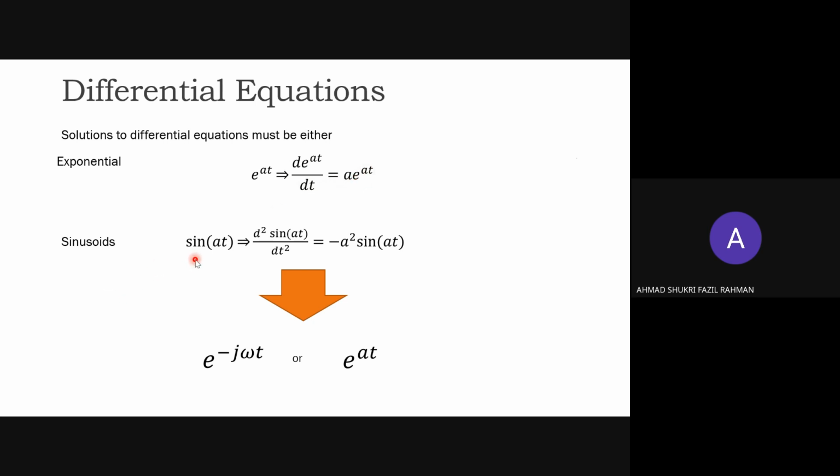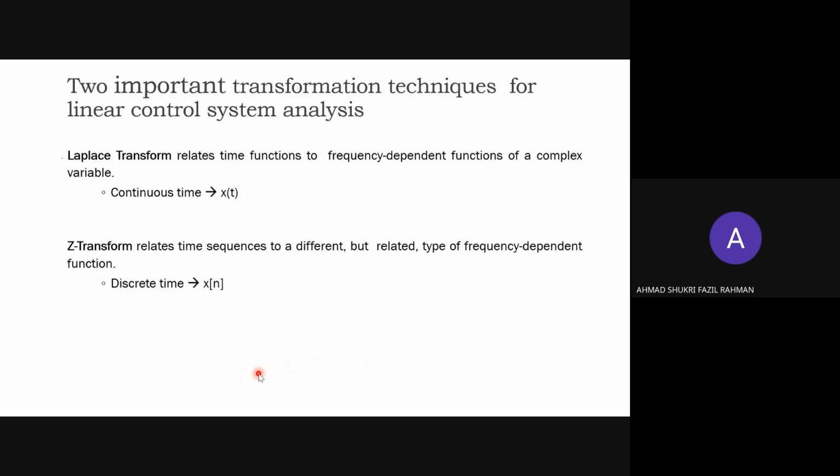And if the signal is in the form of a sinusoid, we can do this representation of the differential equation. You can see it is in the form of negative a squared multiplied by sine at. So from here we can represent it in the form of an exponential to the power of negative j omega t, or e to the power of at. These two we will see later. Right now it is part of the introduction.